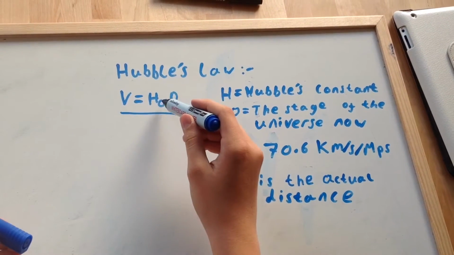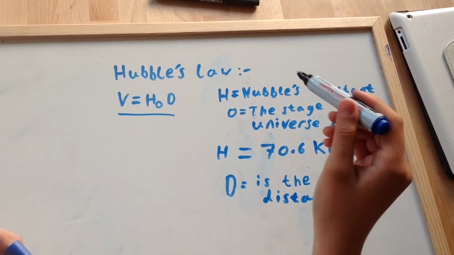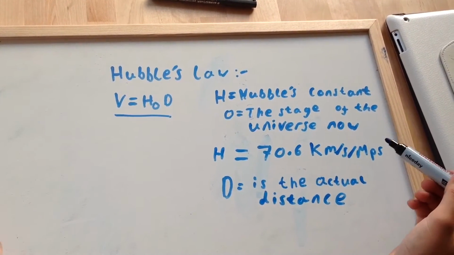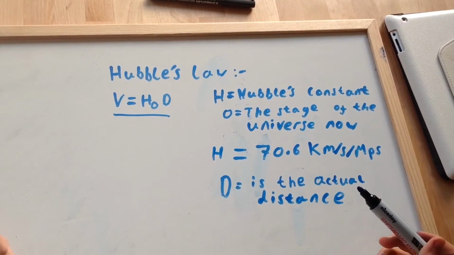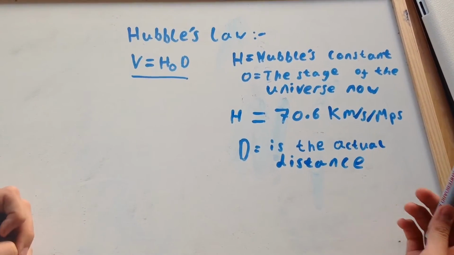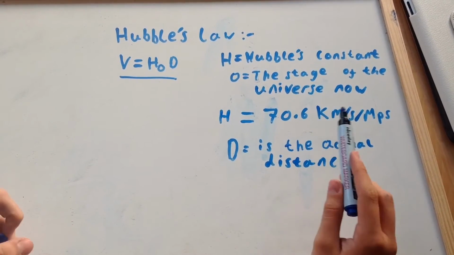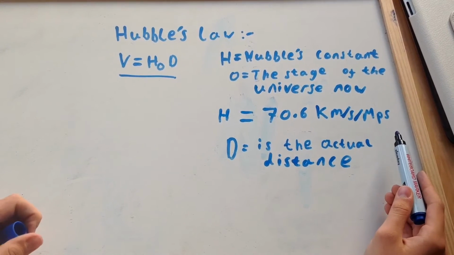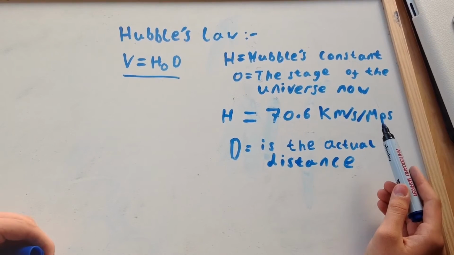The 0 here shows the stage of the universe, so right now the 0 represents our stage of the universe. And d is the actual distance. Imagine you had an actual ruler and you measured out between the two objects. Now Hubble's constant is 70.6 kilometers per second per megaparsec. 1 megaparsec is 3.3 million light years.